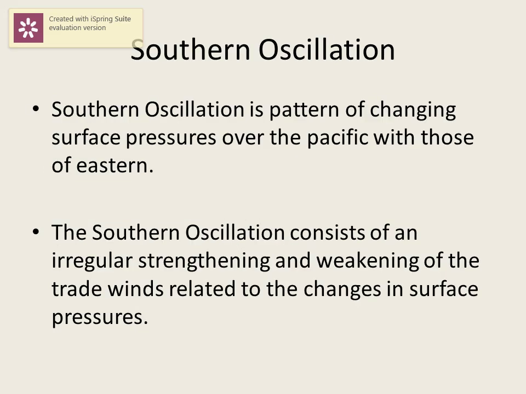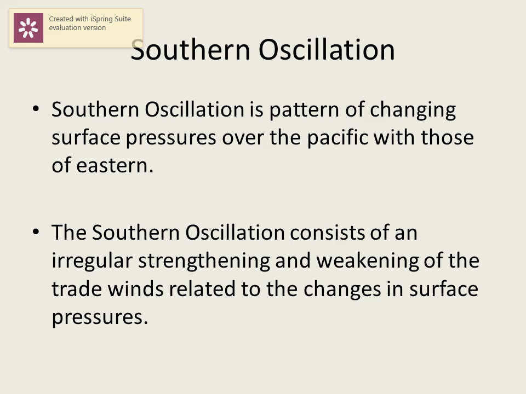So ENSO is referred to as El Nino Southern Oscillation. Here the scientists, when they were trying to research El Nino to figure out what contributes to the El Nino phenomenon, figured that one of the major factors that impacts or contributes to El Nino is the southern oscillation. So what is southern oscillation?